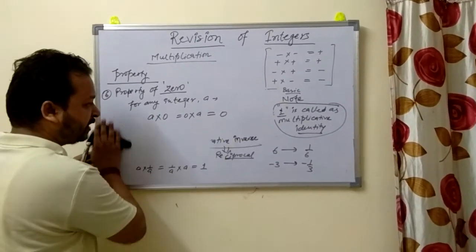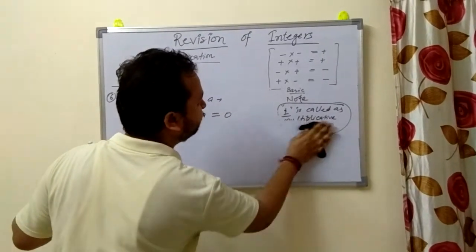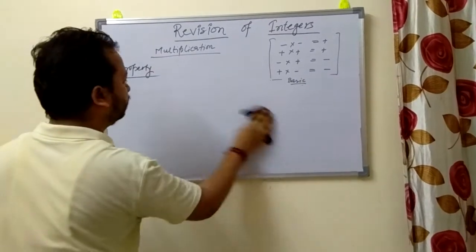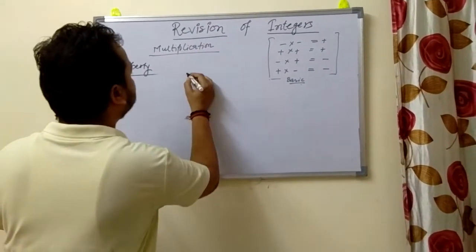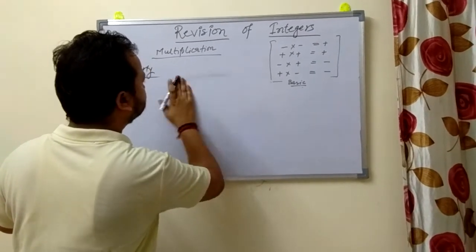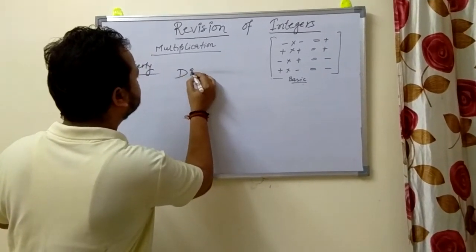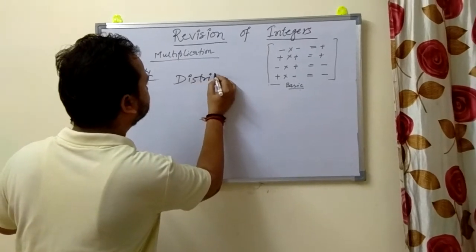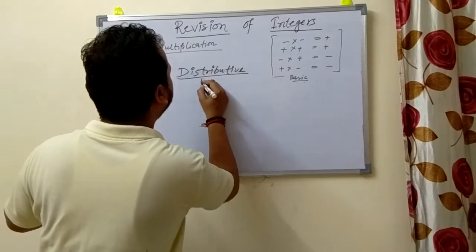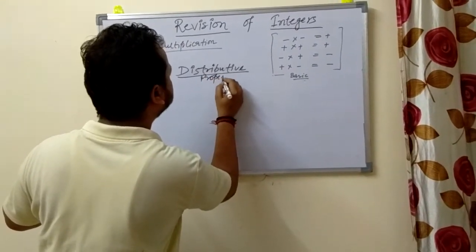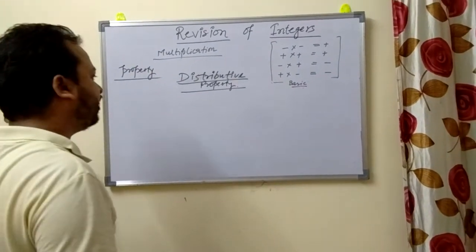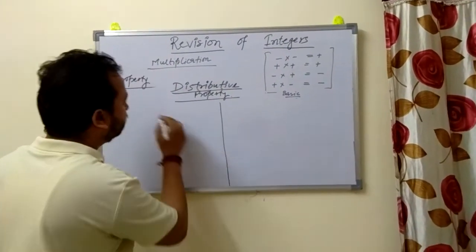Come to the last property of multiplication, which is very important, that is distributive property. Distributive property of multiplication has two parts.